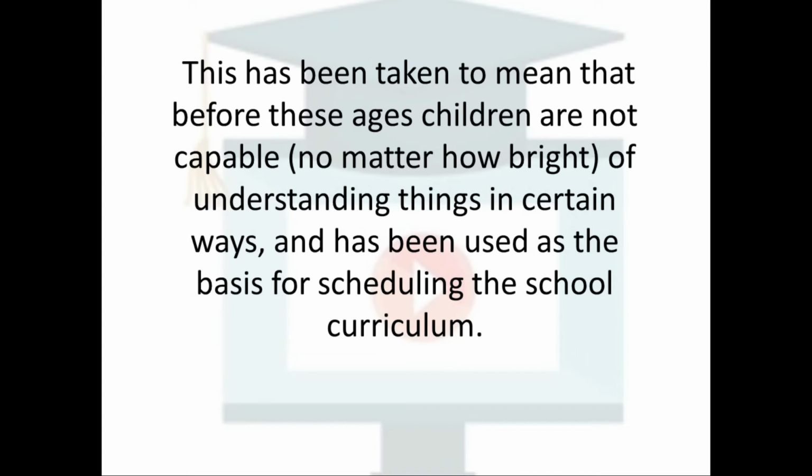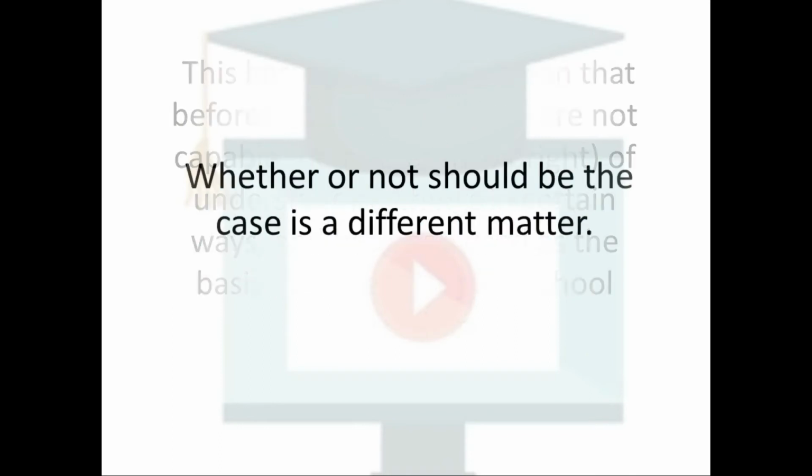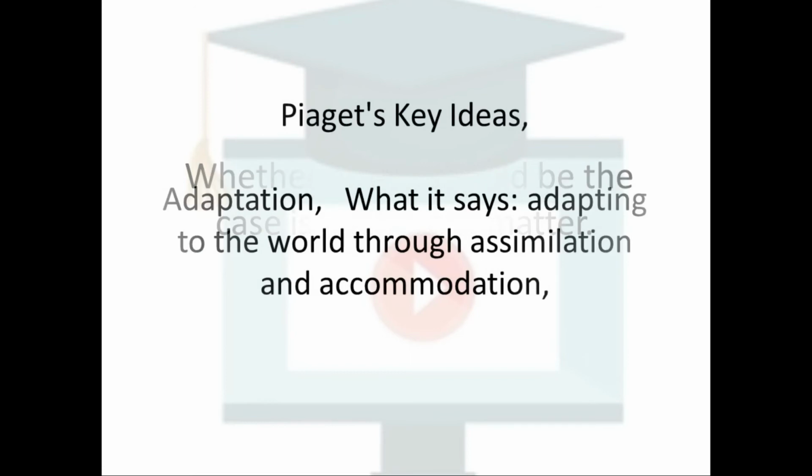This has been taken to mean that before these ages children are not capable, no matter how bright, of understanding things in certain ways, and has been used as the basis for scheduling the school curriculum. Whether or not this should be the case is a different matter.